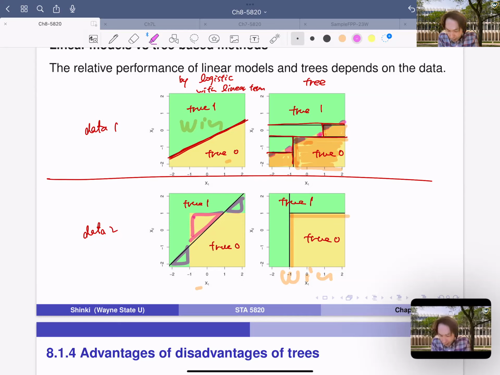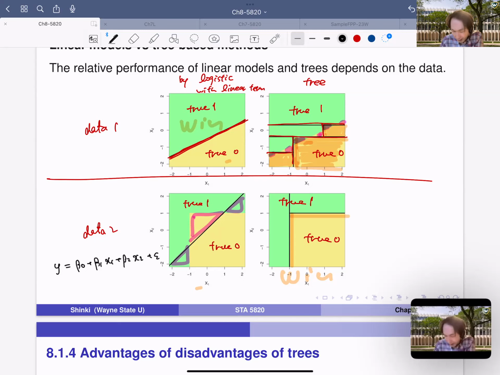And yes, of course, if you include some terms more carefully in a linear regression, it can perform better. For example, suppose that y and x1, x2 have a complicated relationship, and y is equal to beta naught plus beta 1 x1 plus beta 2 x2 plus epsilon. So this does not work well, but the tree-based method works well.